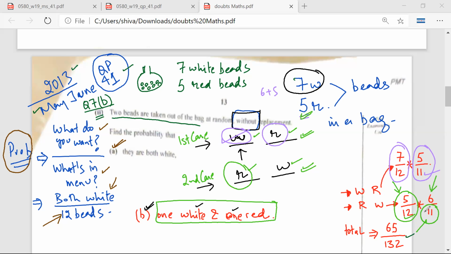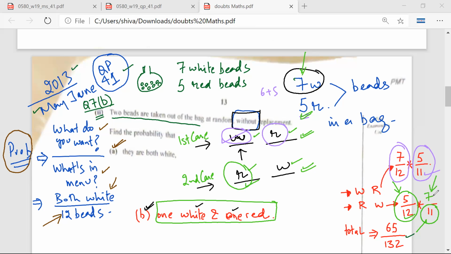Mr. Shivang, should it be 6 by 11? What should it be? 4 upon 11? Yes, sir, you haven't taken any white bead out. You have just taken a red bead out. So white are as it is. So it should be 7 by 11.